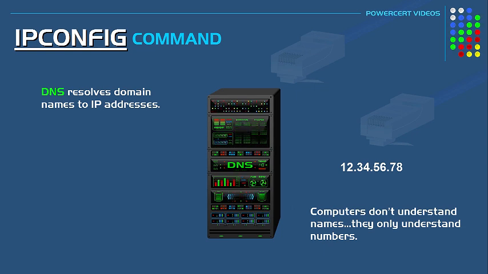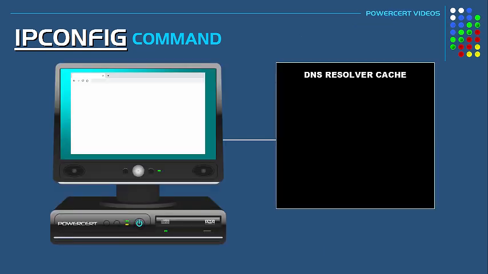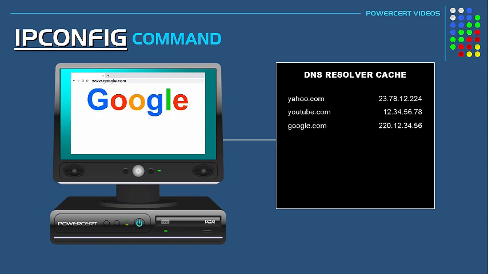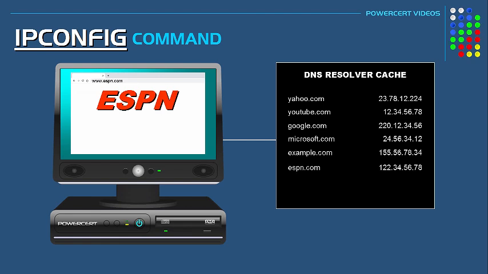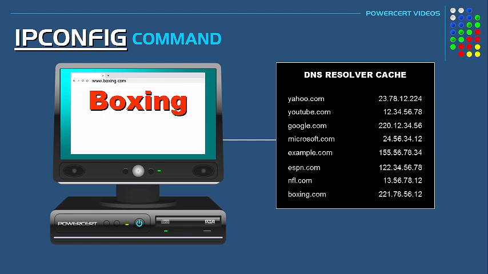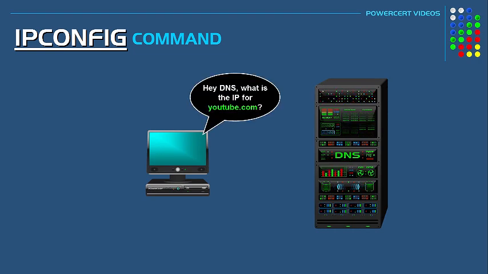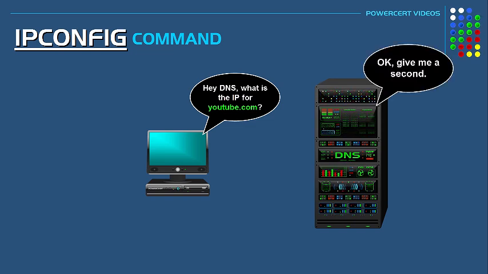web page. Now, operating systems cache or keep a history of resolved domain names and their IP addresses that you visited, and it keeps this record for a period of time. And the reason for this cache is to make web browsing faster, because when you want to visit a web page, such as youtube.com, your computer doesn't have to constantly go out to an external DNS server to resolve youtube.com to an IP address.